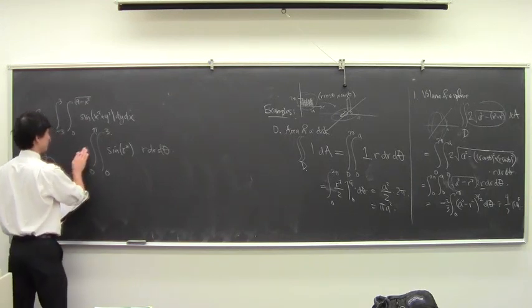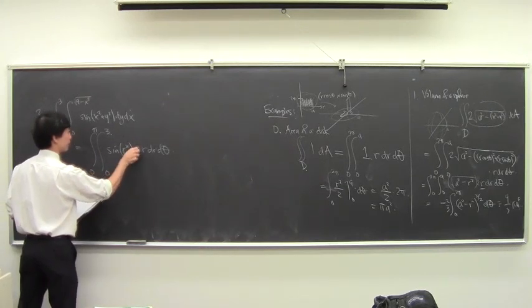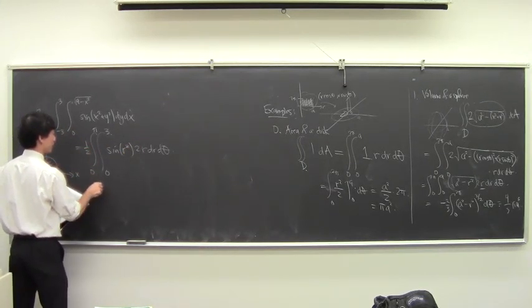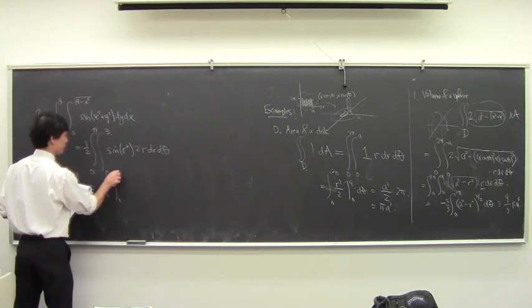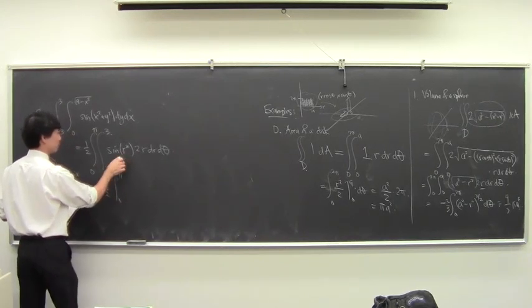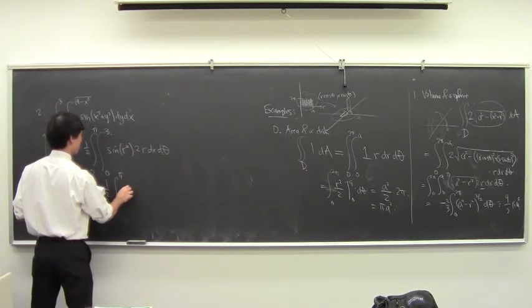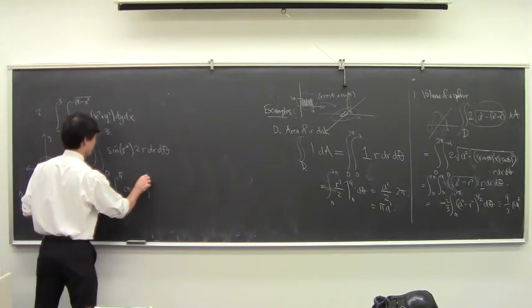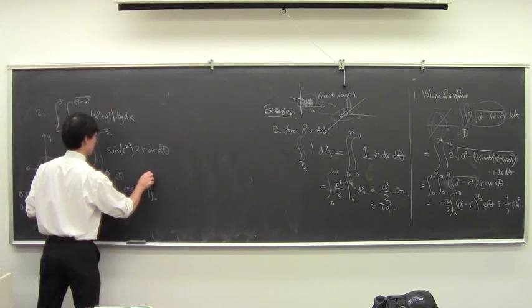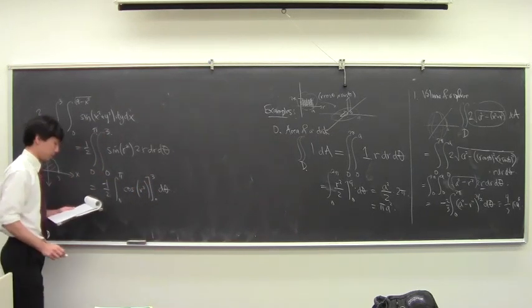So you integrate that however you like. Put a 2 here, get 1/2 the integral from 0 to pi, negative cosine r squared between 0 and 3, d theta.